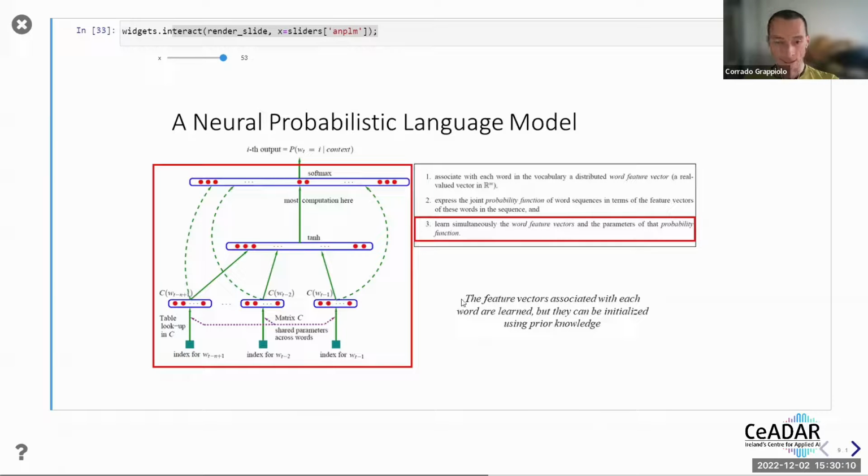There is an interesting, again, this paper was written in 2000 and feels quite old if you think about how we advanced in deep learning and so on.